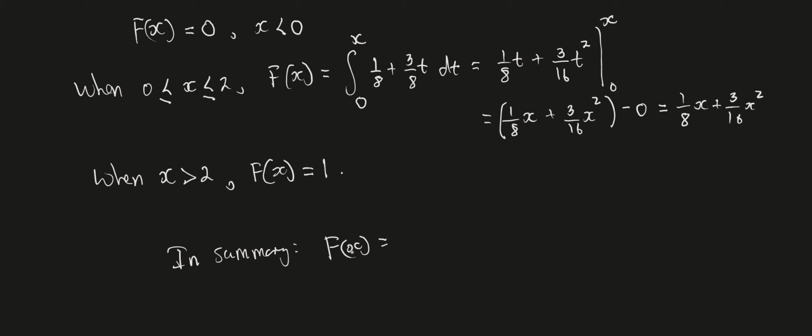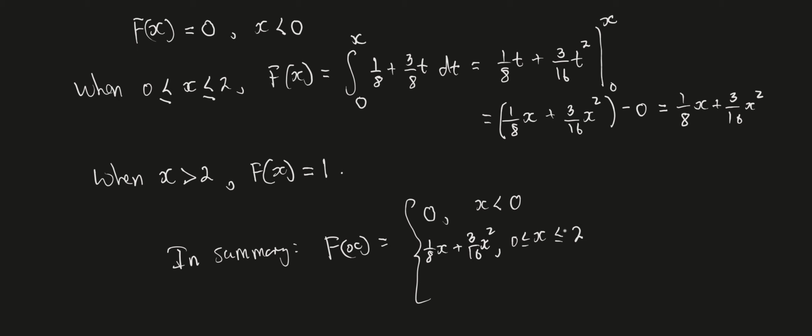So my CDF is piecewise. It is going to return a value of 0 whenever x is less than 0, because there's no chance there. There's 0 area associated with this interval. But then, when my x is greater than or equal to 0 and less than or equal to 2, this function will accumulate the area for me: this 1/8 and then 3/16 x squared.